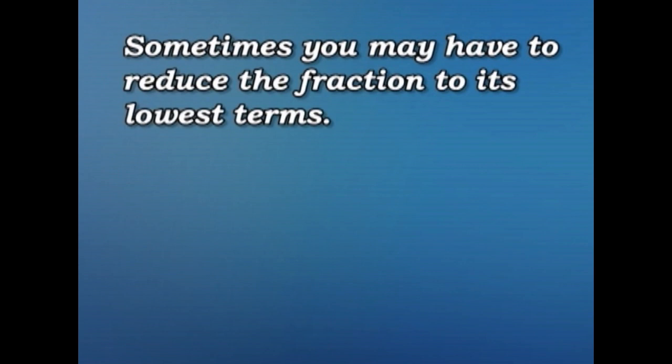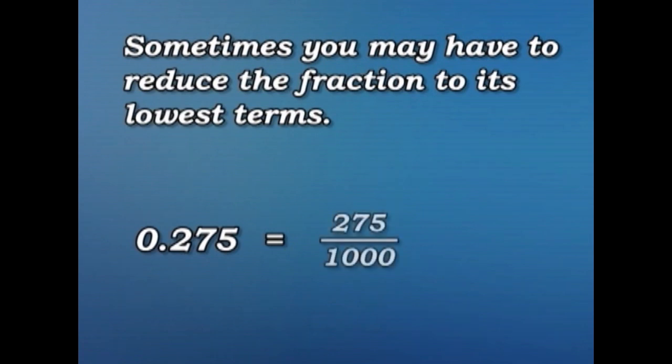Sometimes you may have to reduce the fraction to its lowest terms. For example, 0.275 is the same as 275 over 1,000. That's 275 thousandths.